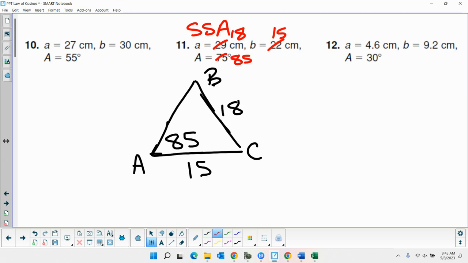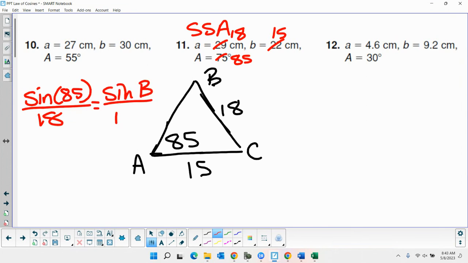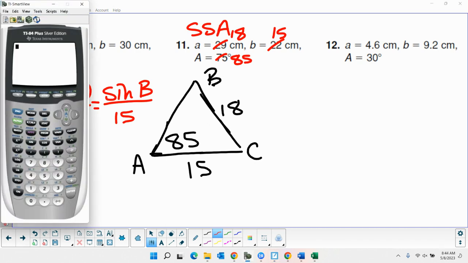All right. So back to the start of it. Sine of 85 over 18 equals the sine of angle B over 15. That's how you set up the law of sines. Angle, opposite, same side. Okay? The side that's across from it goes with it, they go with each other. So when I cross multiply and divide, I'll just do that for you.